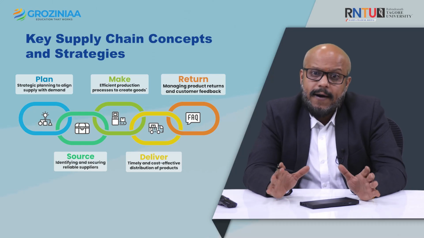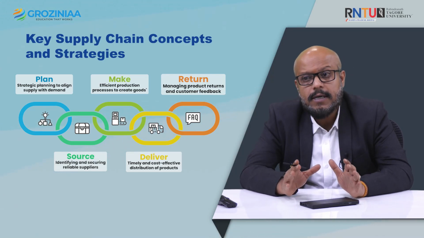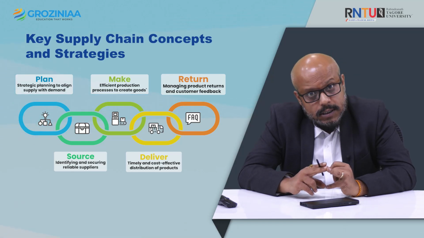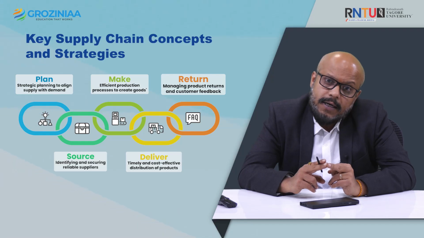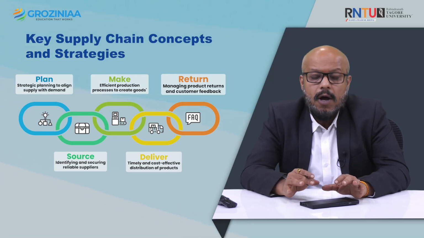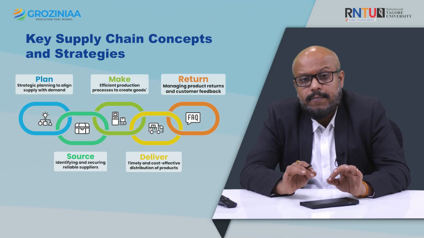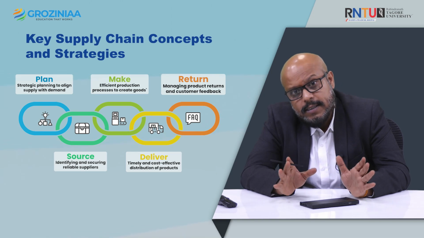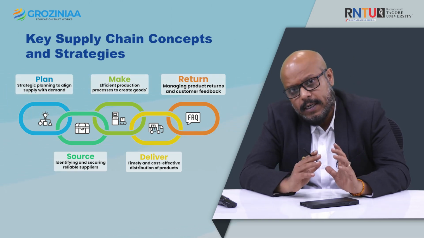Once they identify the vendors, they will start having discussions with them about whether they will meet the specification requirements, what the costing is, and whether they will be able to deliver the quantity that company X requires. Once this negotiation is done, the supply chain management team will issue work orders or purchase orders to their vendors and ask them to start delivering the raw materials.